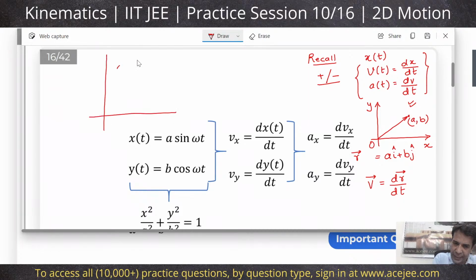So let's say that the particle is moving like this, right? Once again, this is your x and this is your y. The particle is moving in a plane.